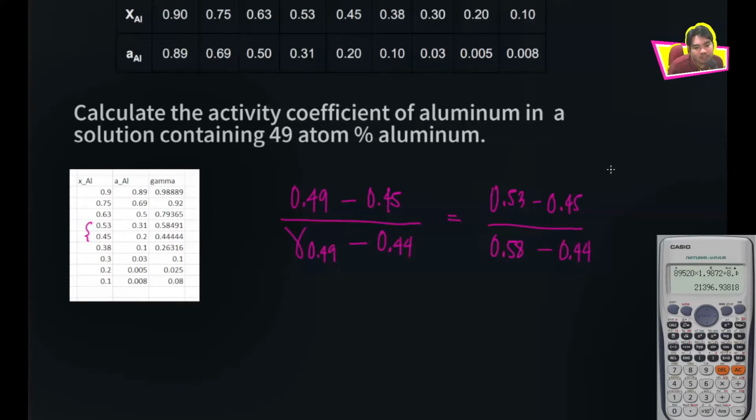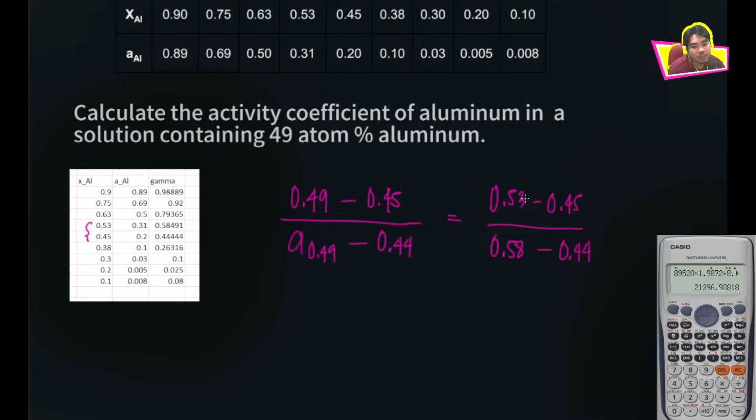Actually, now that I think about it, kasi the gamma is the slope, mas appropriate yata, and this is another way of doing it, no? Ang ginawa natin is, kinompute natin yung activity at 0.49.